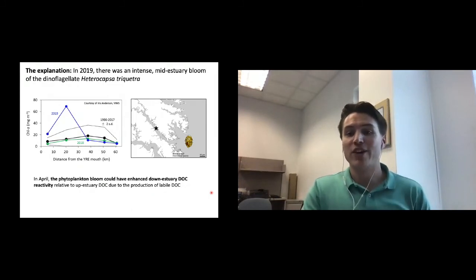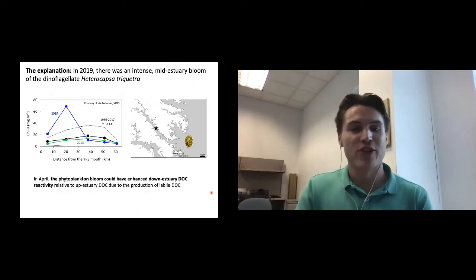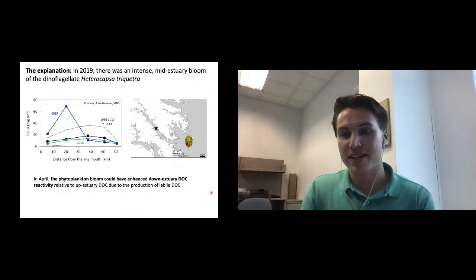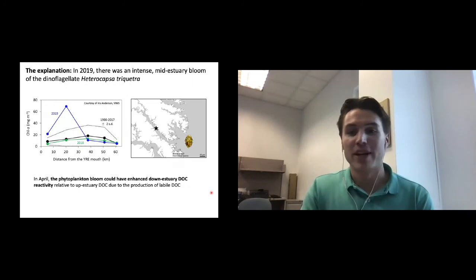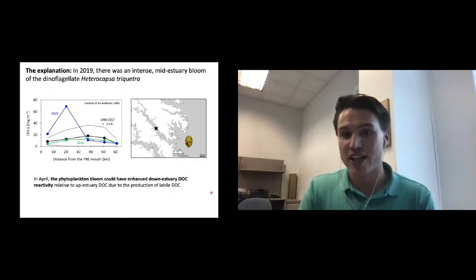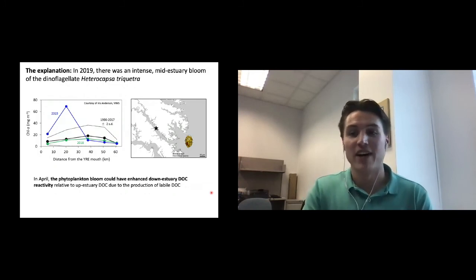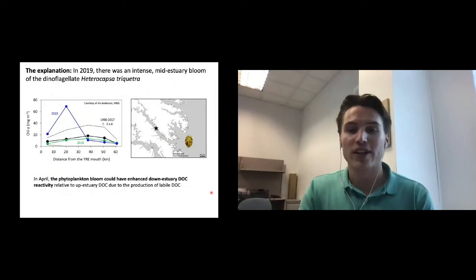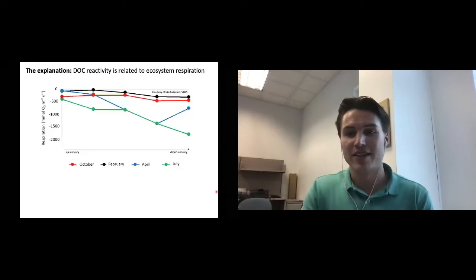So lastly, we can look at rates of respiration as a driving factor of DOC reactivity. As a microbial community consumes DOC, it respires and also consumes oxygen in the process. So therefore, we could assume that high rates of oxygen consumption correlates to high DOC reactivity. This plot is showing you exactly that.